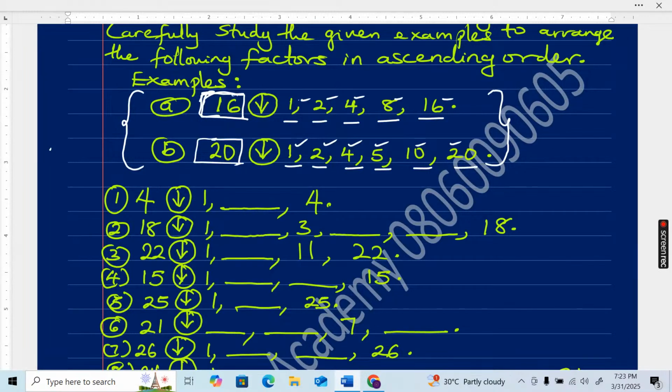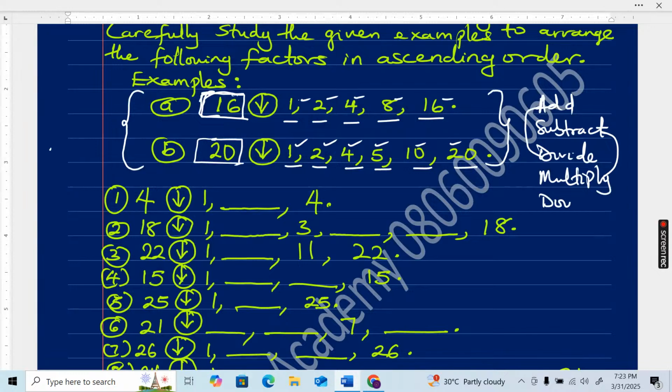Okay, maybe there are factors of 16. Because when it comes to quantitative reasoning, take note that in mathematics you can add, you can subtract. There are many things that you can do in mathematics. You can divide, you can multiply. You can do addition and division, multiplication and subtraction.